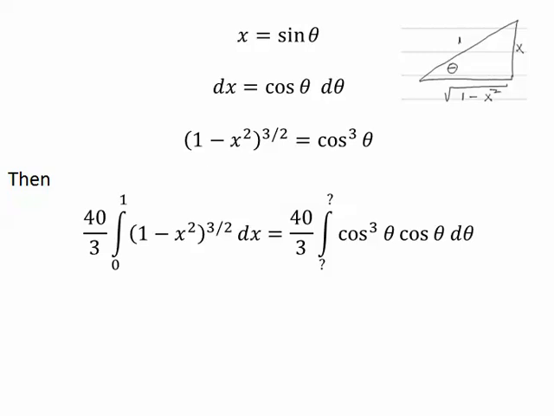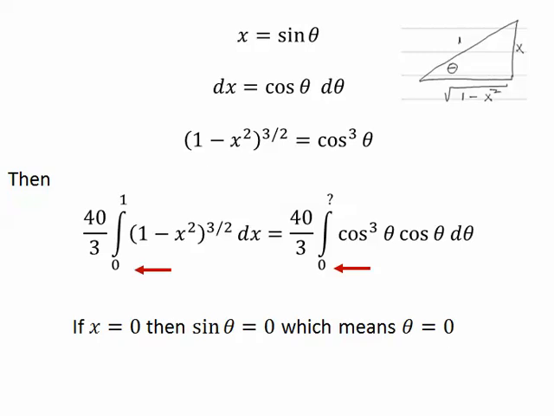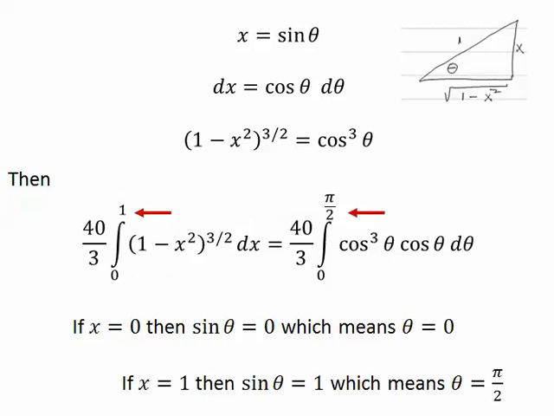And so what are my bounds? So if x equals 0, then sine theta would have to be 0. And if theta is running between negative pi over 2 and pi over 2, then theta has to be 0. Now let's do the top bound. If x equals 1, then sine theta equals 1.